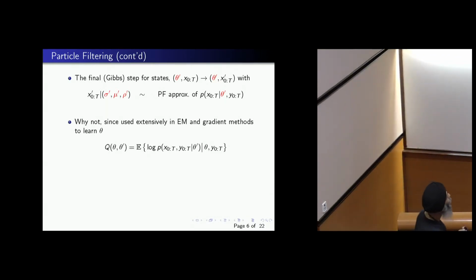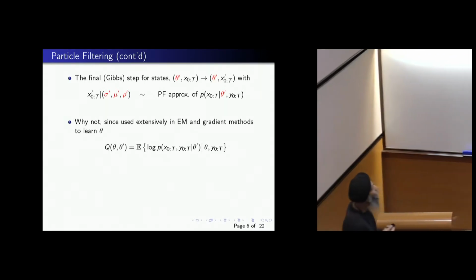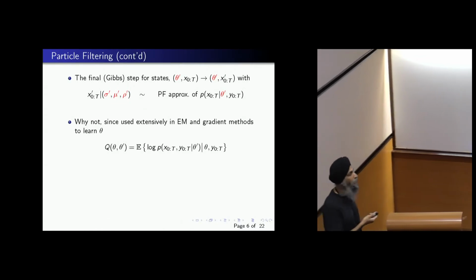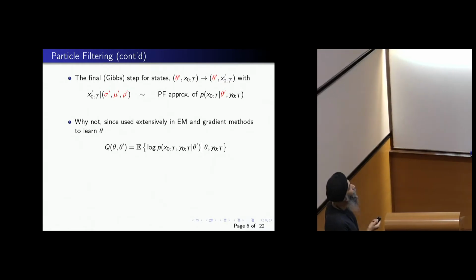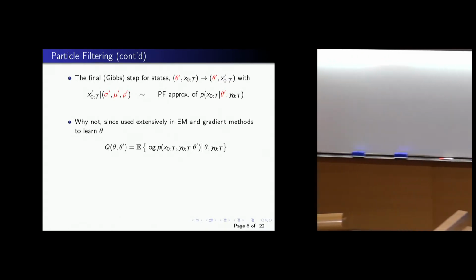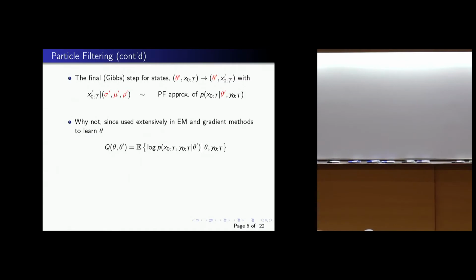Well, one reason why not is because particle methods are used extensively in frequentist type techniques. So if you wanted to maximize the log likelihood of the data with respect to theta, you'd recognize this as being the EM algorithm.